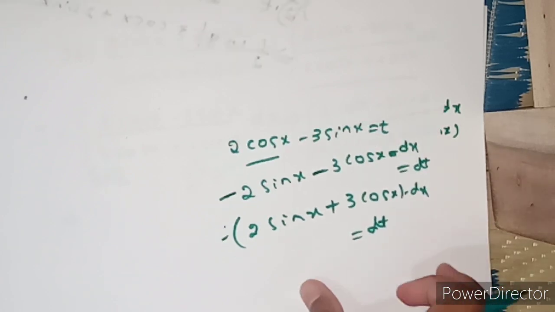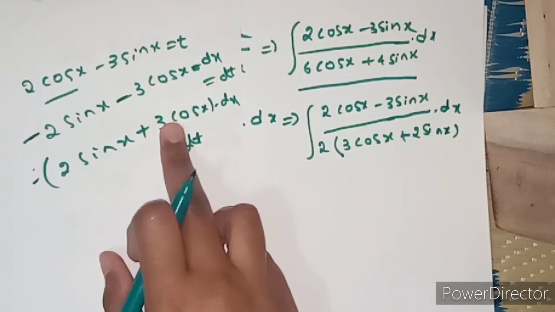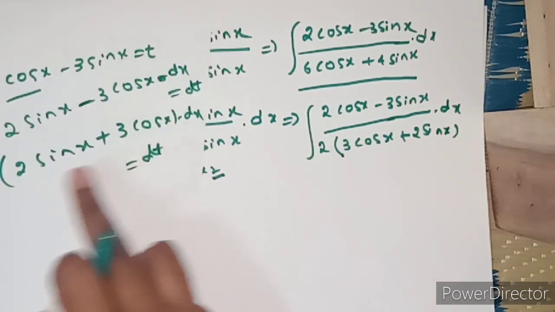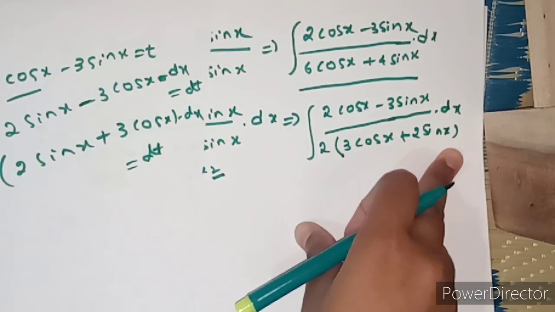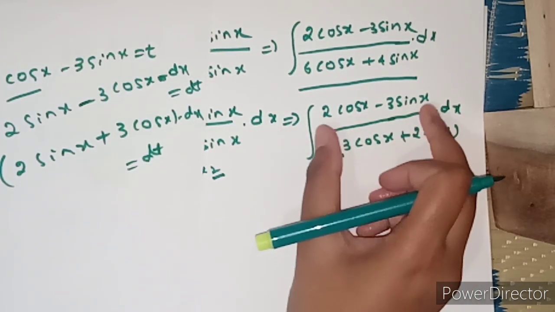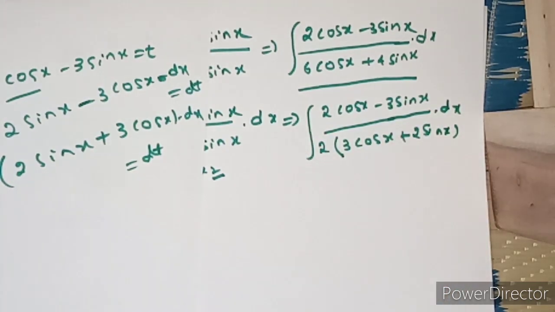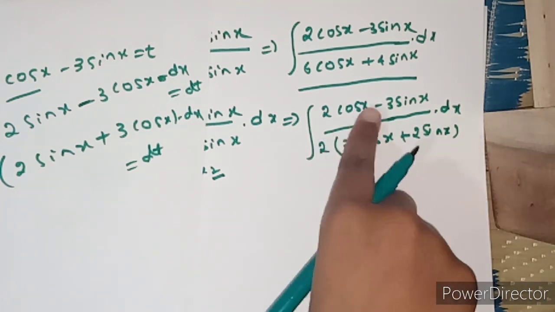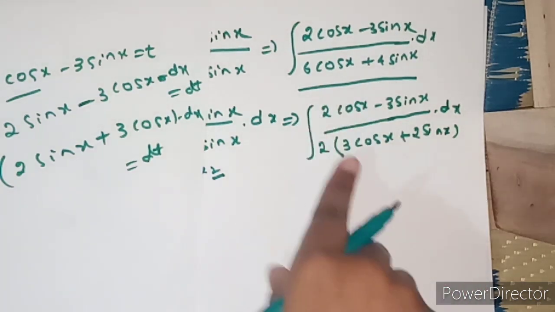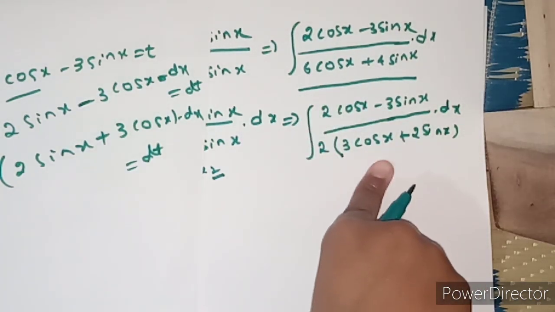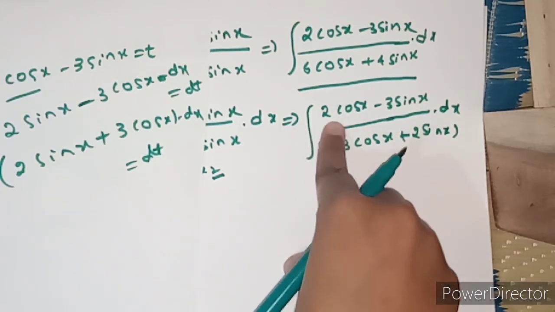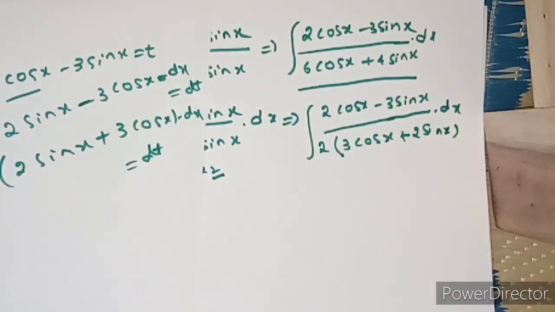So we have got the same: here 3 cos x, here also 3 cos x, 2 sin x, and here also 2 sin x. If I take this function as t, we can solve this integral very easily. We can take the other function also as t, but I am taking this function as t. If you want, you can take that function as t and solve, and you will get the required answer.